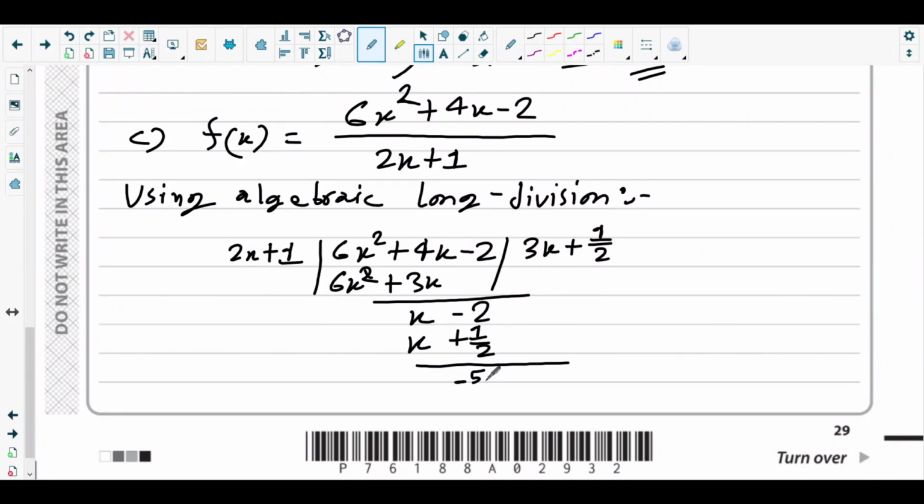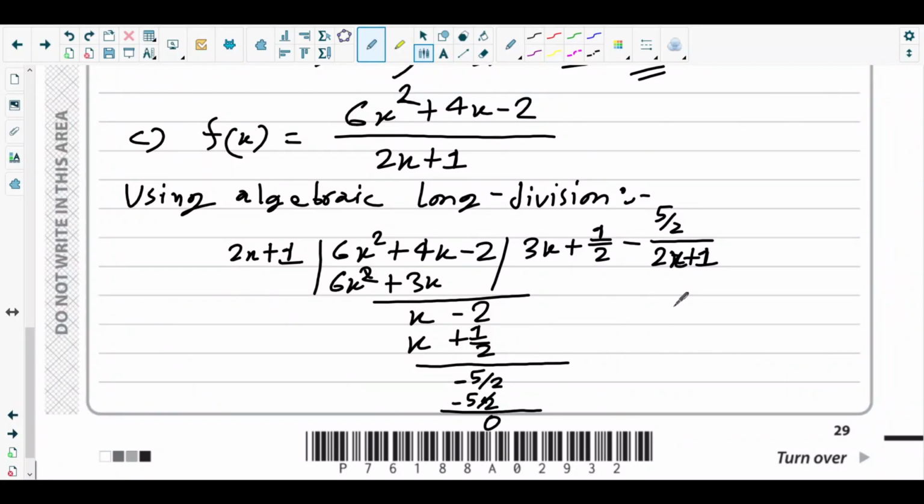5 over 2. Okay, now to complete the long division, we need to have remainder 0. To make remainder 0, we will add here negative 5 over 2 divided by 2x plus 1. As we multiply this term with 2x plus 1, you will get negative 5 over 2, and therefore the remainder comes up as 0.